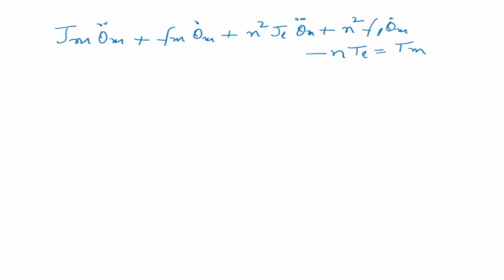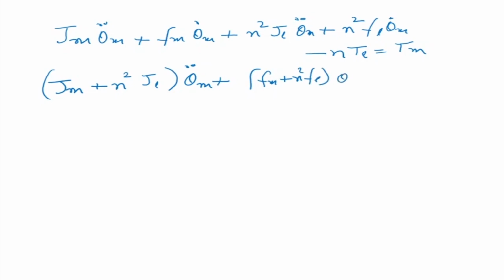So what we see is that everything has been reduced to theta m only, in terms of velocity and acceleration. So I take theta m double dot common: Jm plus n squared Jl into theta m double dot plus Fm plus n squared Fl.